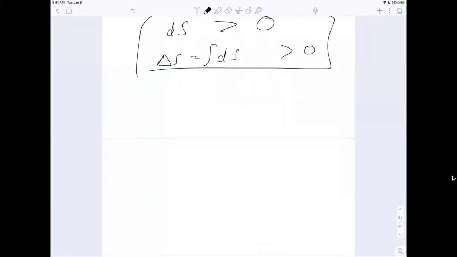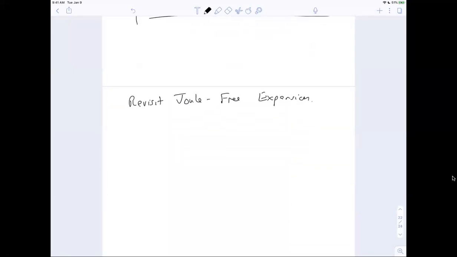Now we're going to revisit the Joule free expansion as another example. In this case, remember, we had this isolated system where we have insulation around a rigid container.